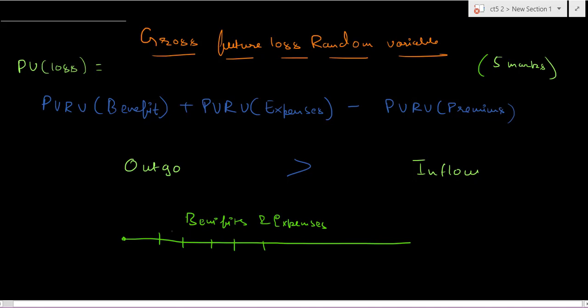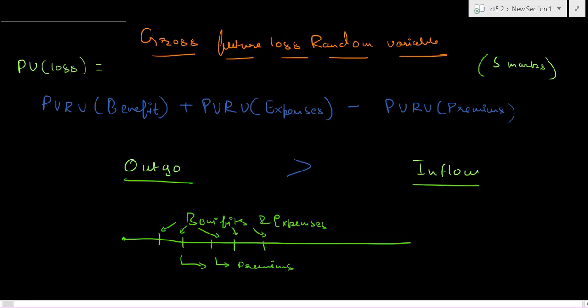So you'll have benefits at different points of time, let's say it's a whole life assurance contract, so you'll be paying all the benefits in the future, right? And you will have a lot of premiums which would be received at different points of time. And you will actually incur a loss if your benefits and expenses are greater than your premiums. Simply speaking, if your outgoes are greater than your inflows, then you'll have a loss, right?